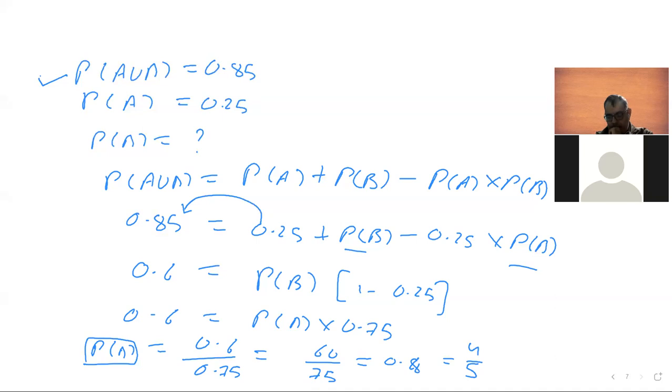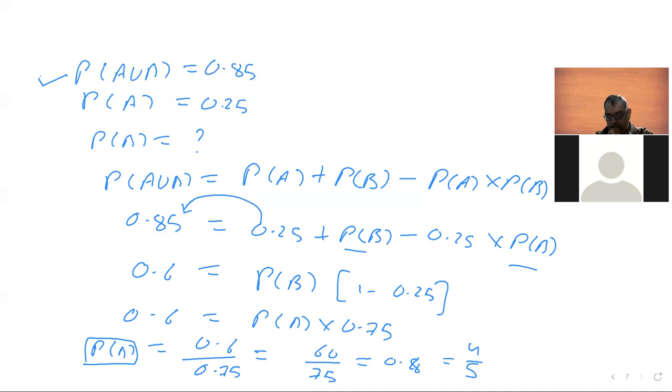P(B) is the same, minus what? Minus P(A intersection B), which is P(A) into P(B), which means 0.25 into P(B).